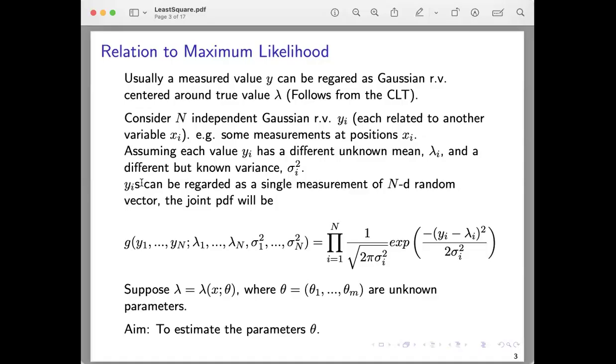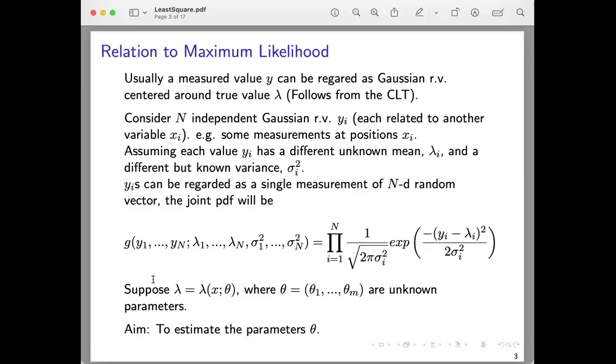The probability to get all these yi, given that the true values are lambda 1 to lambda n and we know the variances sigma, will be simply the product of these probabilities. So we can write the PDF for obtaining the yi, given the true values lambda i, as the product of n such Gaussian distributions.